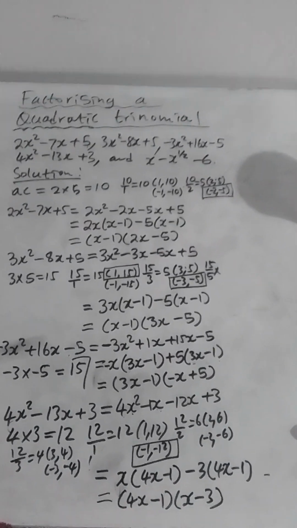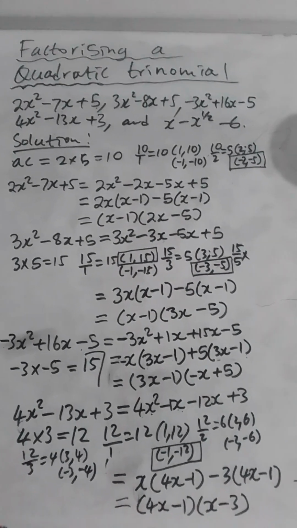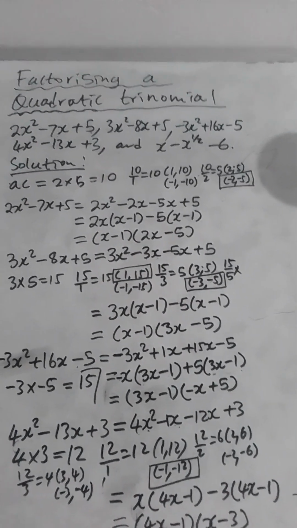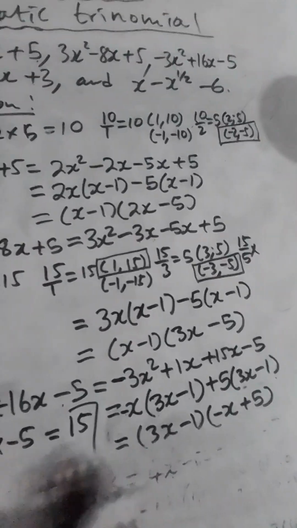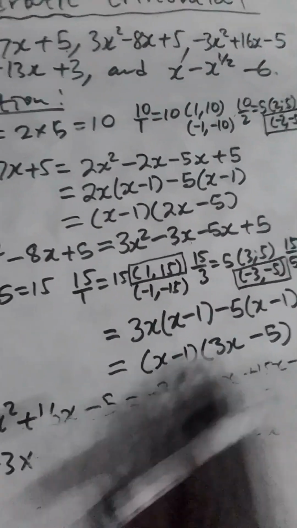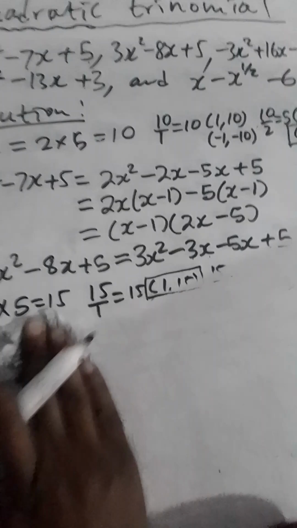So those are the first 4 examples. And then let's erase to do the last one. Okay. Now, the last one might seem a bit tricky, but if you remember how we defined a quadratic trinomial, then it shouldn't be very complicated.